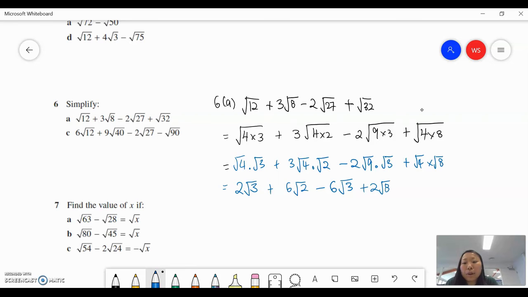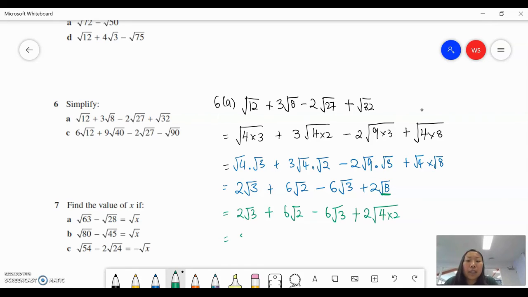Okay, so therefore on the next step as well, we can see that square root of 8 still has a perfect square in there. So we can proceed with also still carrying out our perfect square factorization. So equals to 2 square root of 3 plus 6 square root of 2 minus 6 square root of 3 plus 2, and then if you factorize 4 times 2, that square root there.